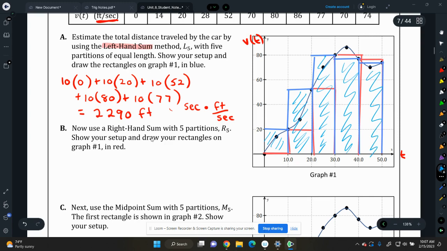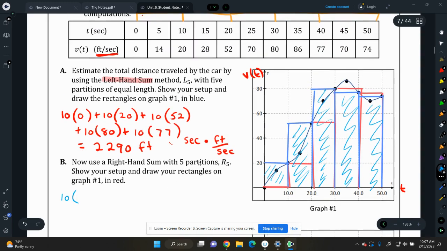All right, so we've got a width of 10. When I'm looking for the height, this time I'm looking where t is 10, so the height is 20. And the next one, 10 times a height of 52 plus 10 times, what's the height on this one? Plus 10 times a height of 77 plus 10 times a height of 74.